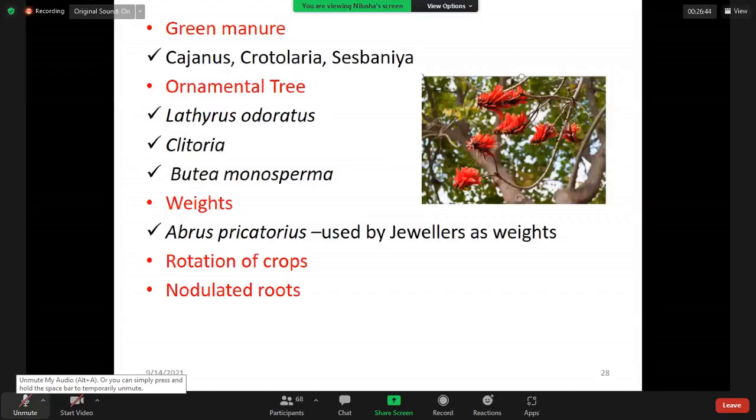Within these root nodules, some nitrogen fixing bacteria are living, and they fix nitrogen in the soil. So we use these Fabaceae family crops for crop rotation, for the improvement of soil nutrients, because they have nodulated roots.